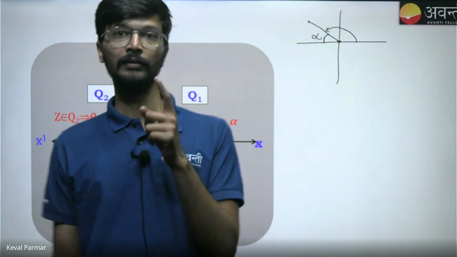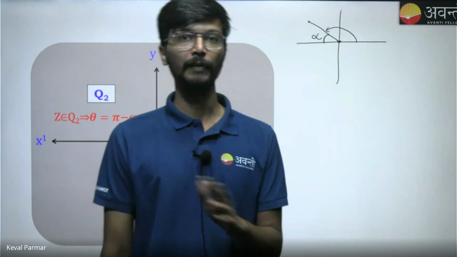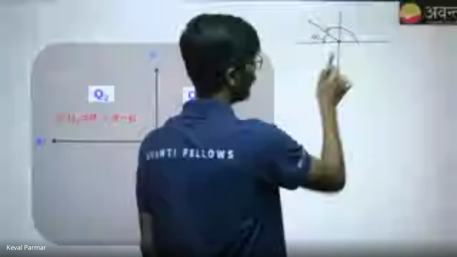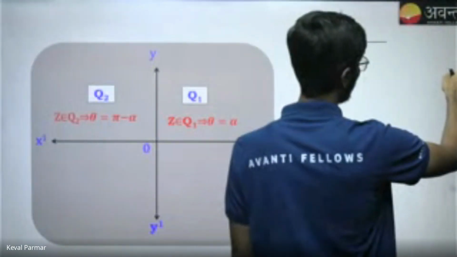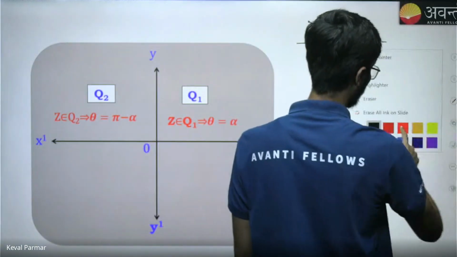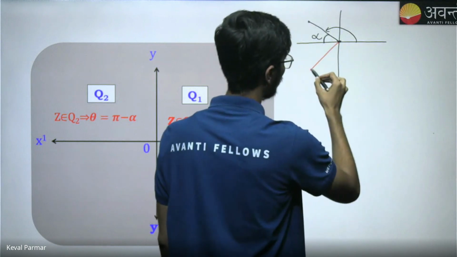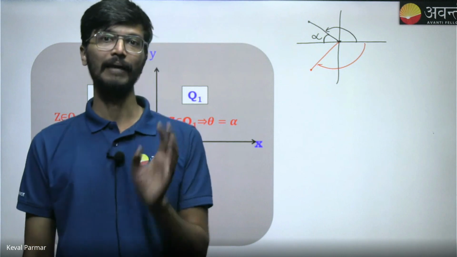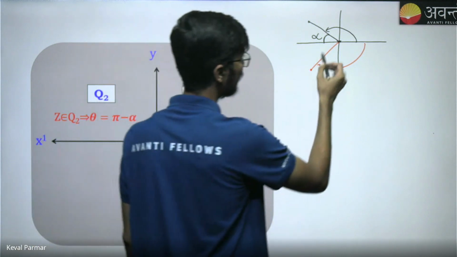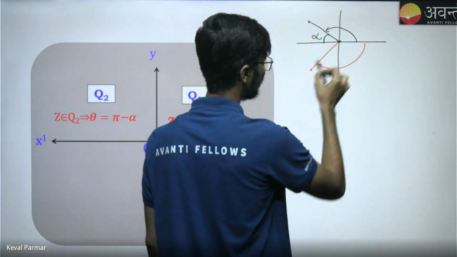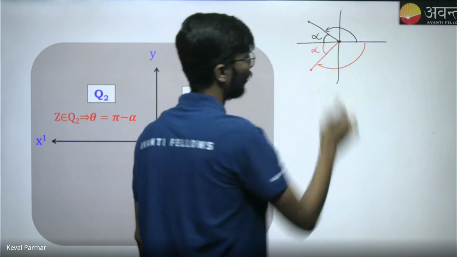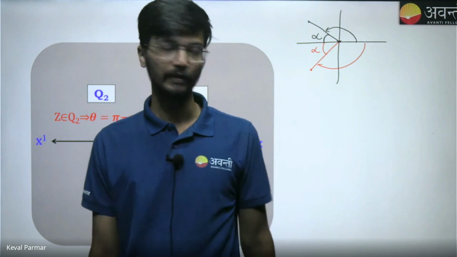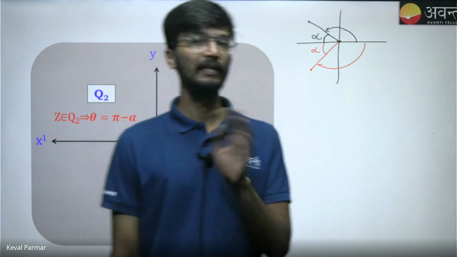Make sure our argument should be between minus pi and pi, measured anti-clockwise. If suppose P was in the third quadrant like this, I would have measured this way because it is between minus pi to pi, and in this case again alpha is the angle made by this line segment with the x-axis, or you can say the shortest angle, or you can say the acute angle, right? So hear me out, I am repeating it again.